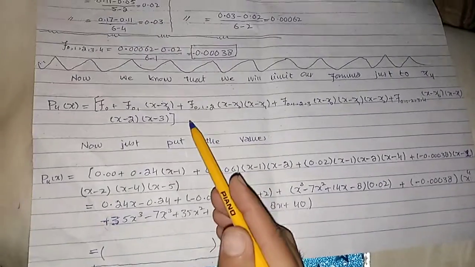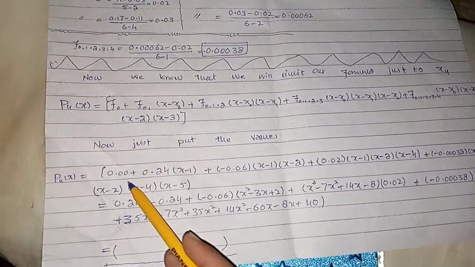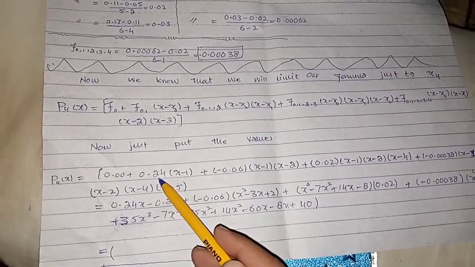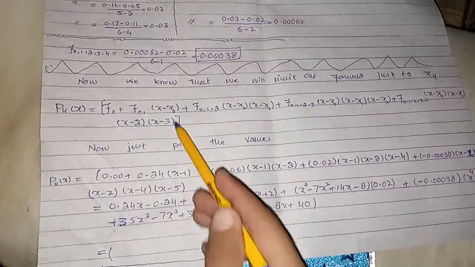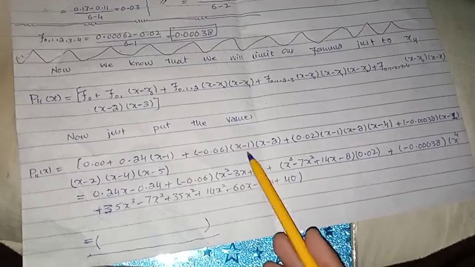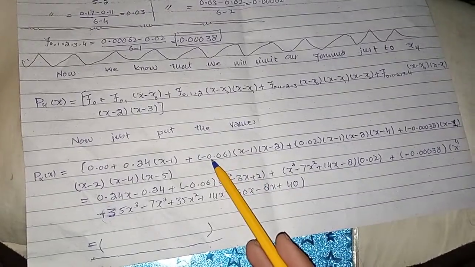As I hope you can see from here, for f[x0] I put 0. For f[x0, x1] I just put that value, 0.24, and x minus x0. So you can see that the x0 value is 1, and the x1 value is 2. You'll just put all the values instead of x0, x1.